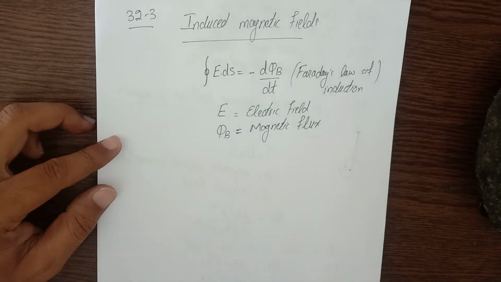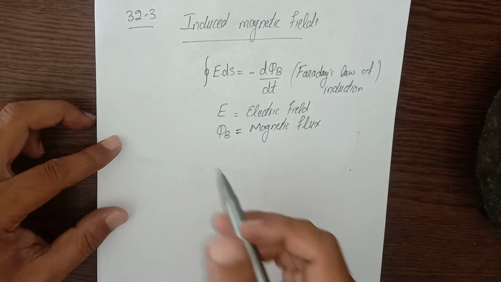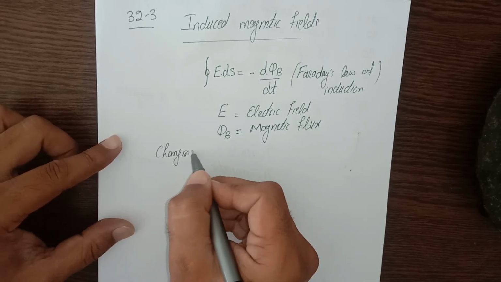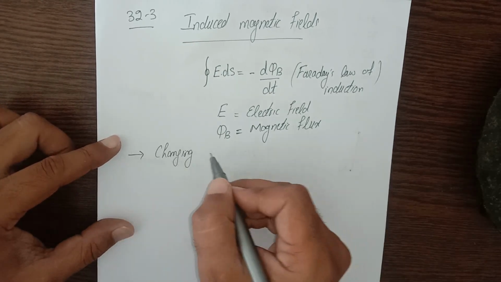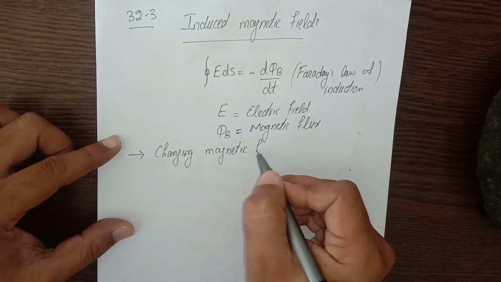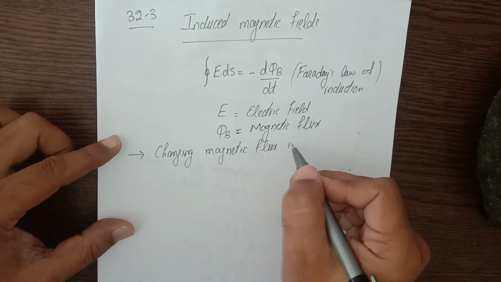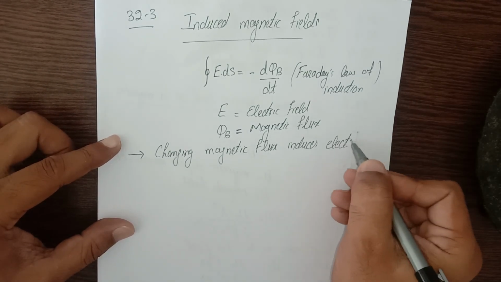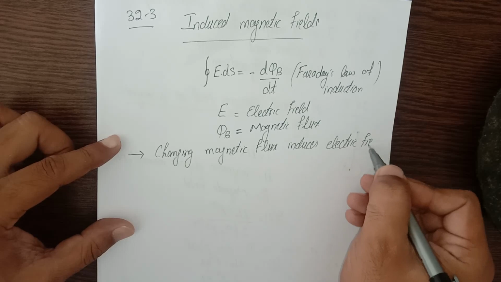This law states that changing magnetic flux induces an electric field.